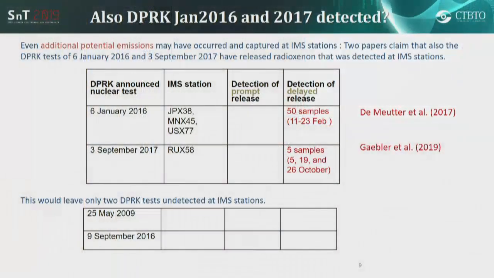What about the other four tests? In fact, there were further studies done according to which two other tests imprinted signatures from radionuclide releases on the IMS system. The test on 6 January 2016 and 3rd September 2017, according to two papers, have also been recorded with some likelihood with IMS data.